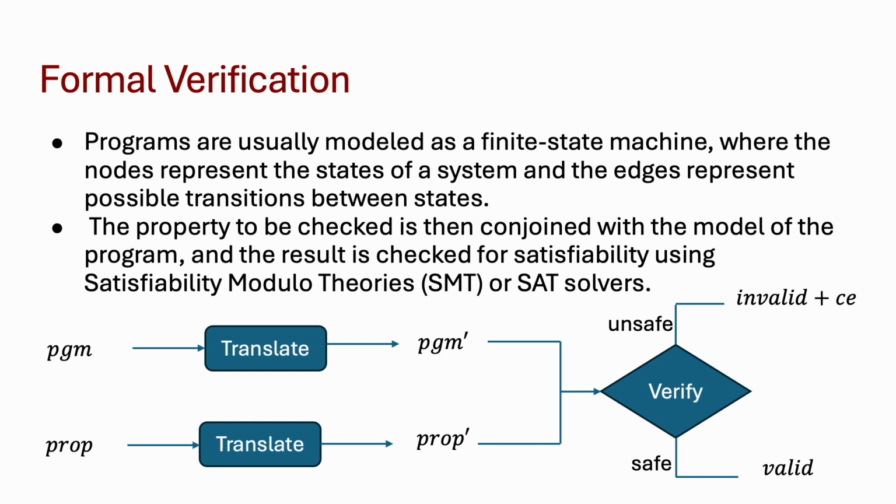During that process, we take the program and try to translate it into a logical formula representation that we can then pass to the solvers, SMT or SAT solvers, which can give us one of two outcomes: either that the property is valid on the program under test, in which case it's safe, or the property is invalid and therefore the program is unsafe. And when it's invalid, it would give us a counterexample.